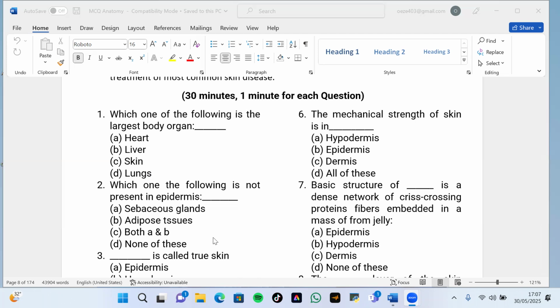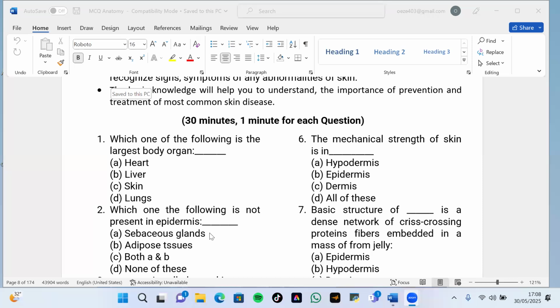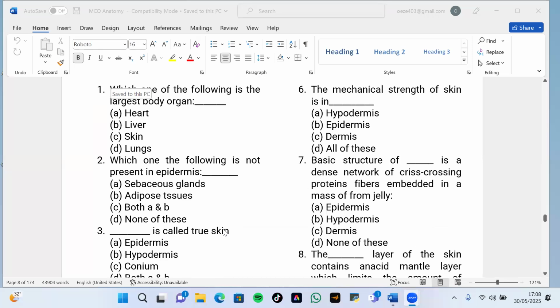Which of the following is not present in the epidermis? The options given include A, sebaceous gland, B, adipose tissues, C, both A and B, D, none of these.